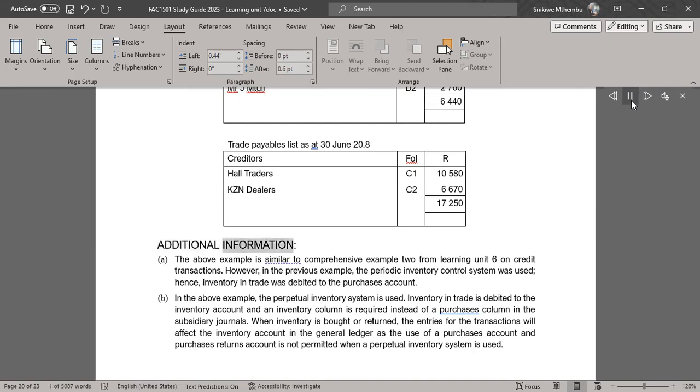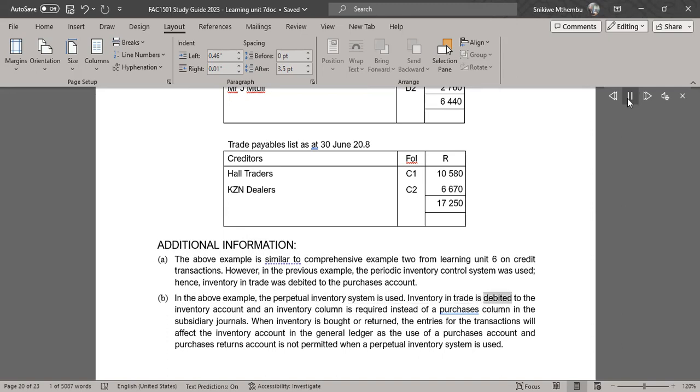Additional information. The above example is similar to Comprehensive Example 2 from Learning Unit 6 on credit transactions. However, in the previous example, the periodic inventory control system was used, hence, inventory in trade was debited to the purchases account. In the above example, the perpetual inventory system is used.